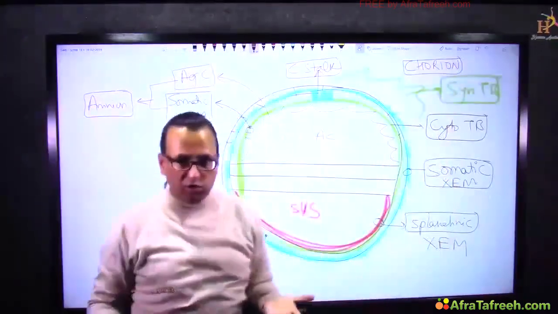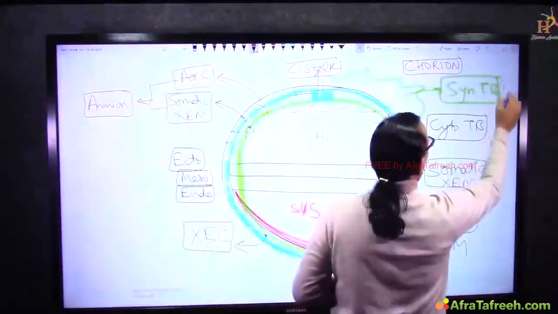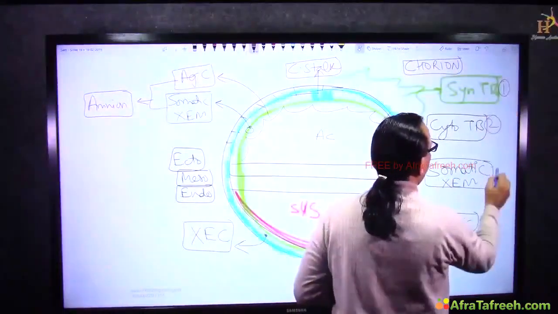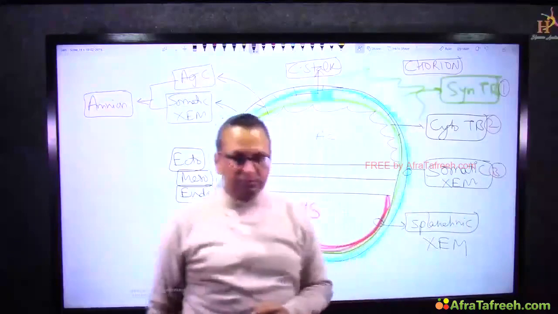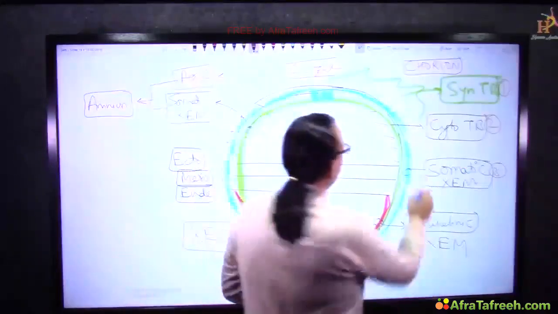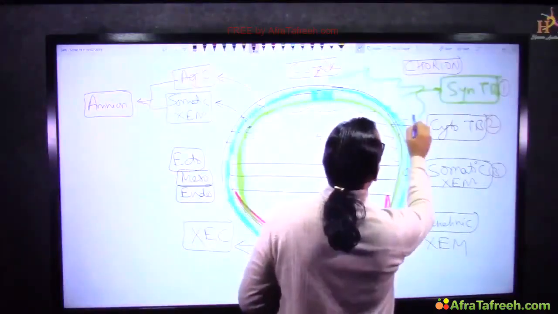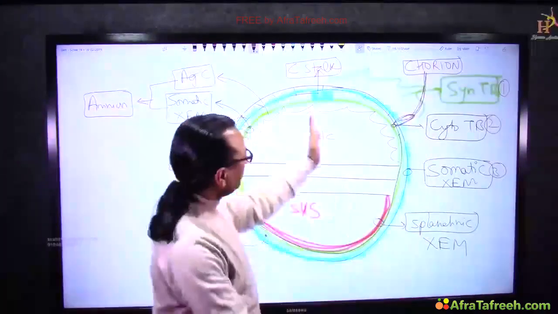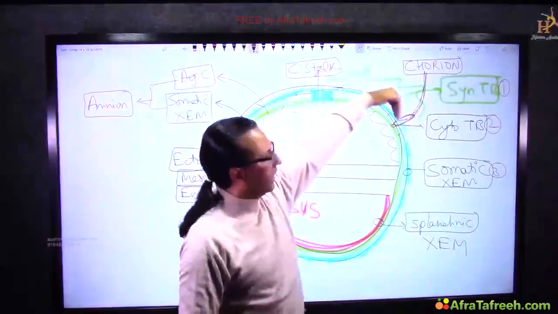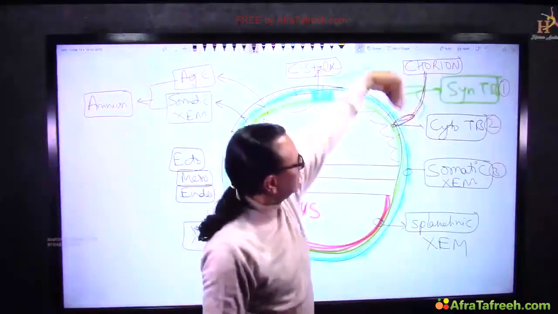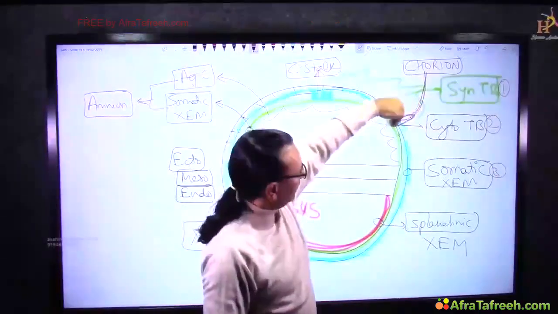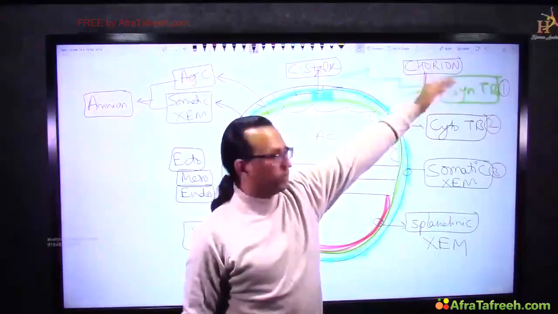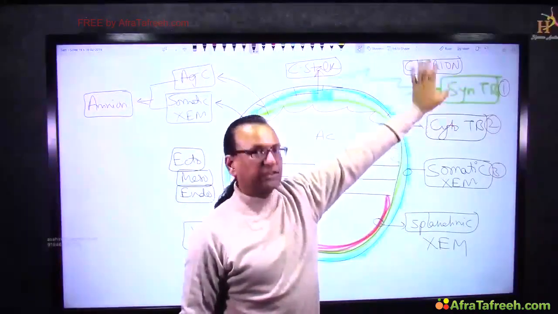The 3 things in chorion are: number 1, syncytiotrophoblast; number 2, cytotrophoblast; number 3, somatic extra embryonic mesoderm. So you are telling this all is the chorion. Yes, actually 3 things: somatic layer of extra embryonic mesoderm plus cytotrophoblast plus syncytiotrophoblast. That is chorion, the placental membrane.